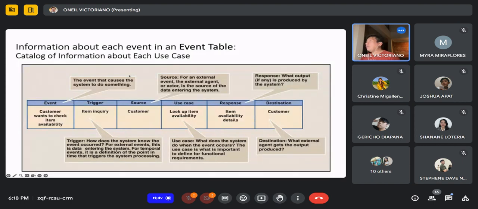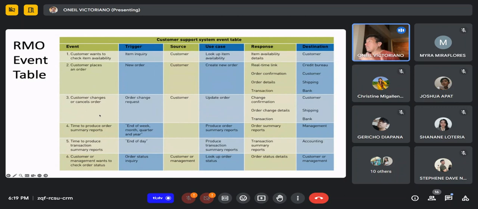The event table depicts event, trigger, source, response, and destination. And the main point of the event table is to understand the use cases or the activity. So this is just an example of use cases for customer support, in which the use cases are actually the system processes, or the functions of the system or the particular subsystem.